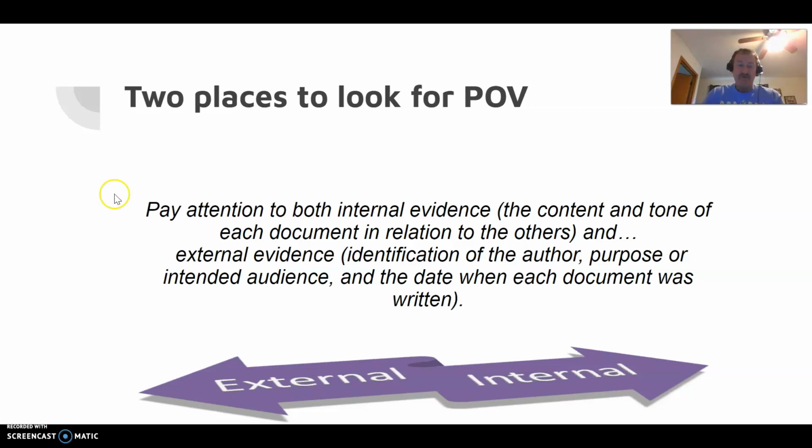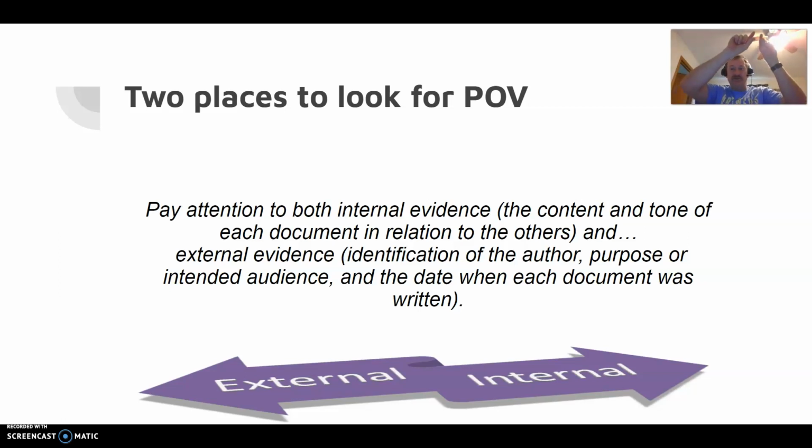The external evidence, the second part down here, is typically the better or easier way to do it. Those words in the parentheses should look a lot like the words on the last slide. So again, two places to look for point of view: the internal, the document, or the external, that's the attribution, that is the source.